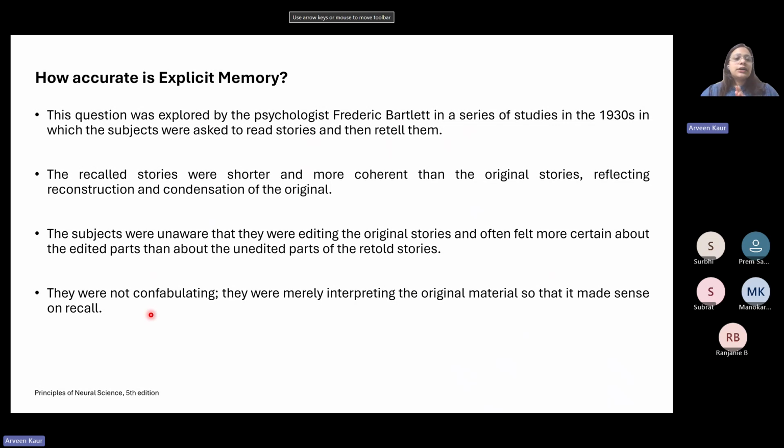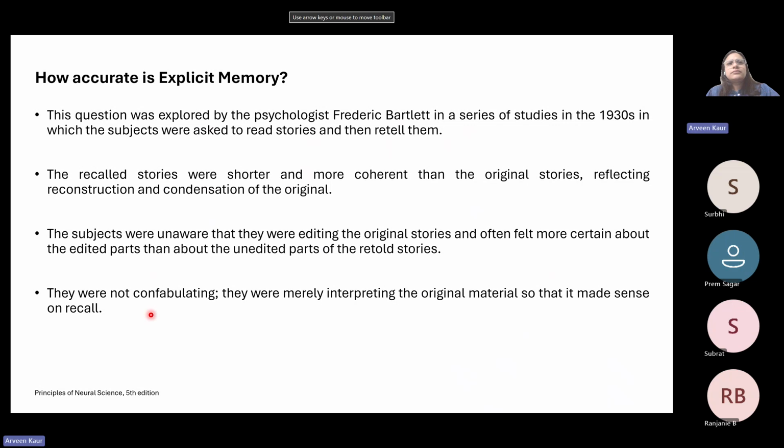So for instance, somebody came and told me three statements: Shivam got a new bat.